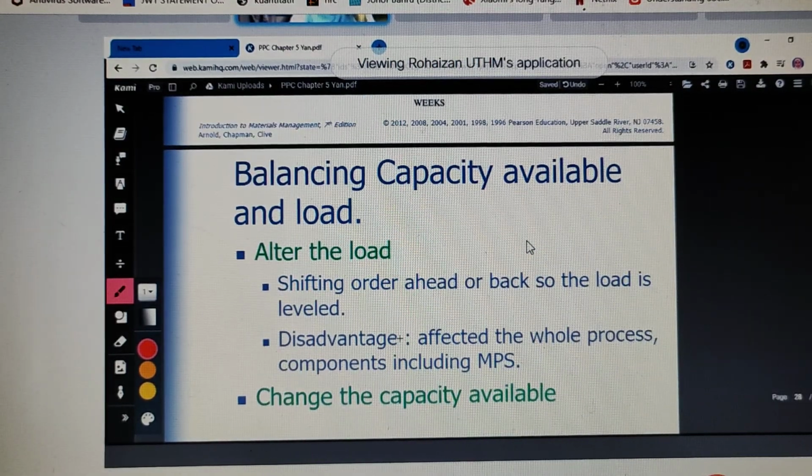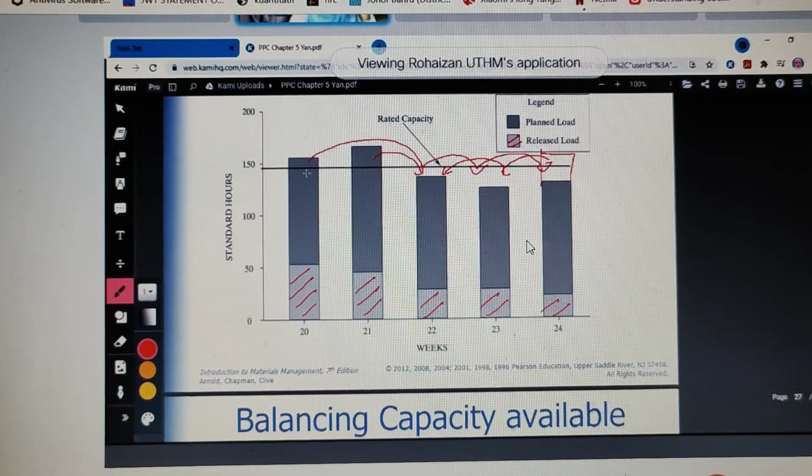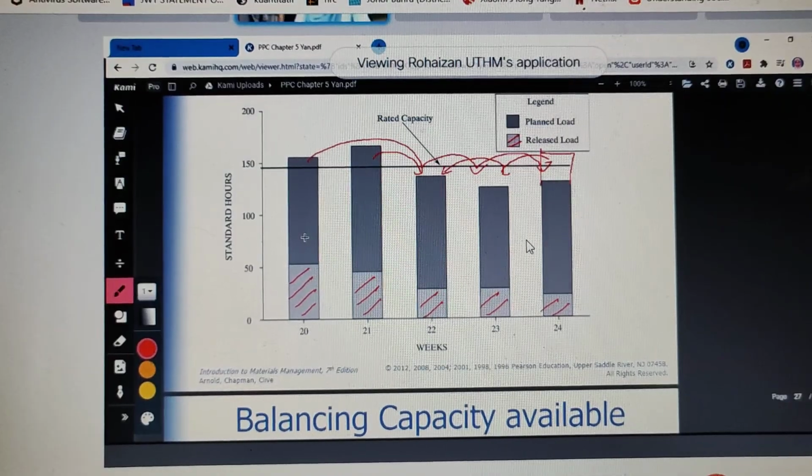However, the disadvantage of this option is it will affect the whole process, including components and MPS. Every machine already has its orders, and then we know that we have some overload, so we tell week 22, you need to do some extra work.